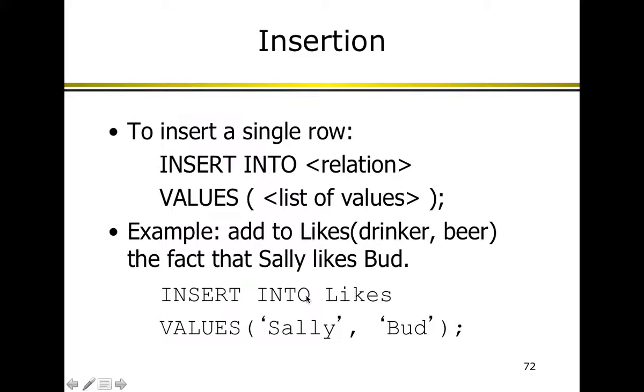If we leave out the attributes, insert into likes, values Sally and Bud, we can't go Bud and Sally. We have to remember how the table was created. If we don't remember what order the table was created, and we're going to look at that momentarily, and we can't remember how to insert it, then we're in trouble. And we end up not knowing what we're doing.